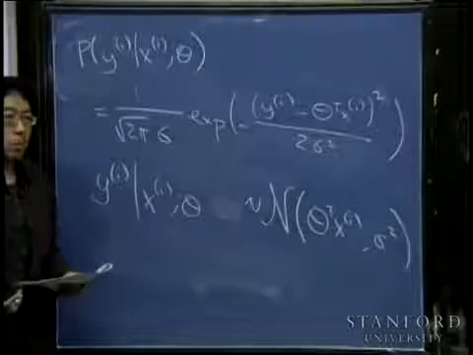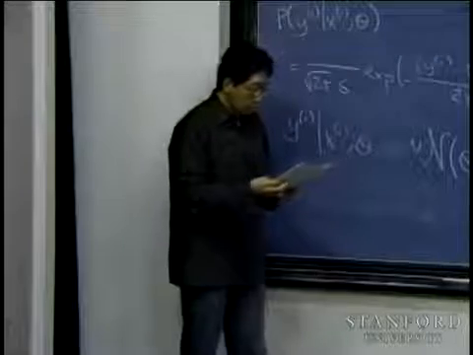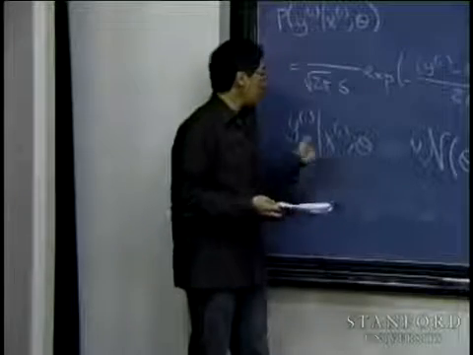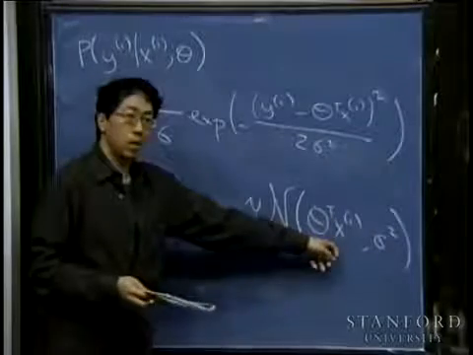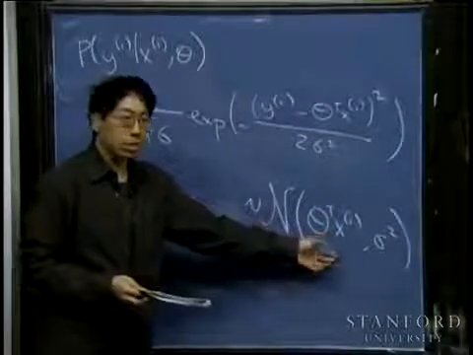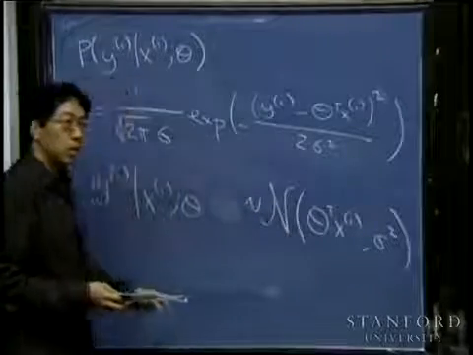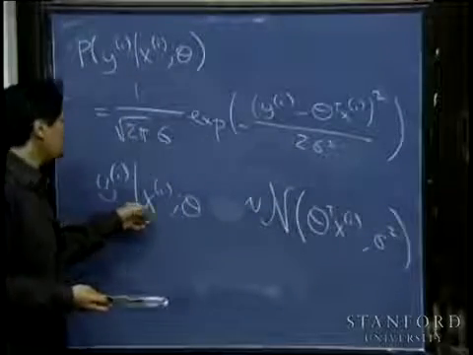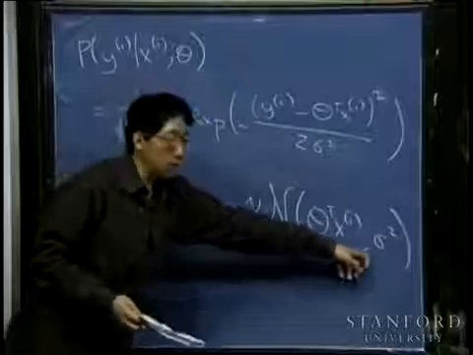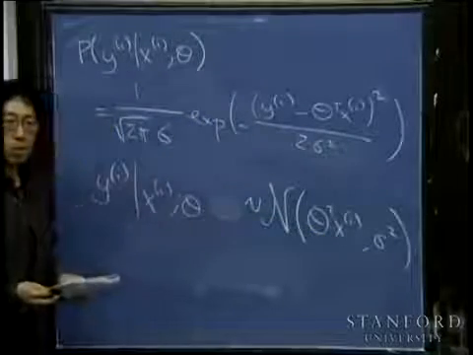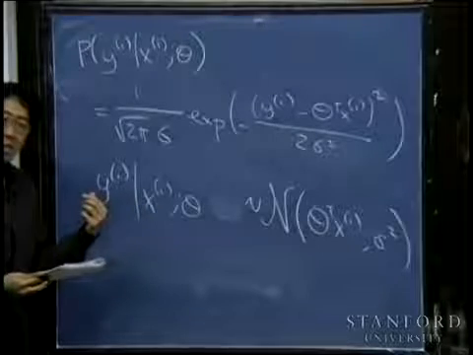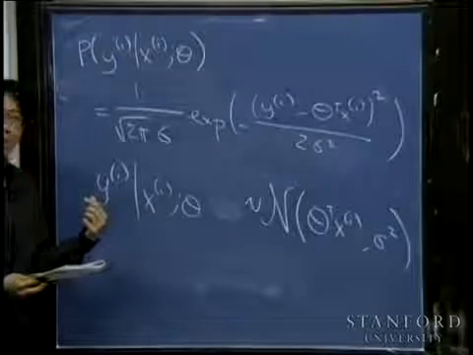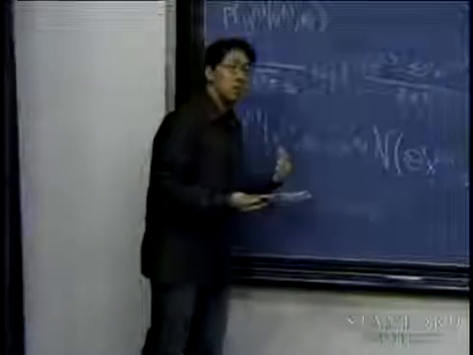Because we imagine that the way the housing price is generated is that the price of a house is equal to theta transpose x i plus some random Gaussian noise with variance sigma squared. And so the price of a house is going to have mean theta transpose x i and variance sigma squared. Does this make sense? Can you raise your hand if this makes sense? Yeah, okay, most of you.